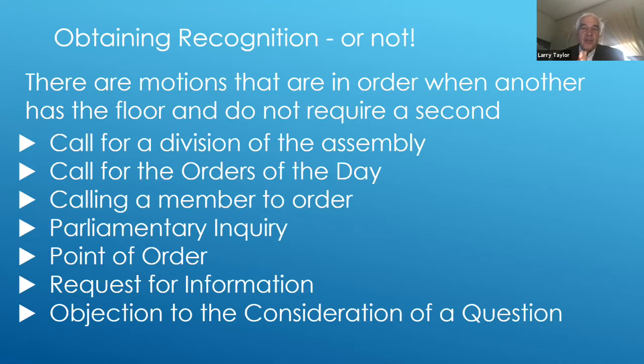They all go through the chair, and then the chair directs the question to whoever is most appropriate to answer that. But that is your right to request information. And then you can object to the consideration of a question. So perhaps there's something that is so contentious that it's inappropriate to even discuss in the meeting, and so you can object to the consideration of a question.